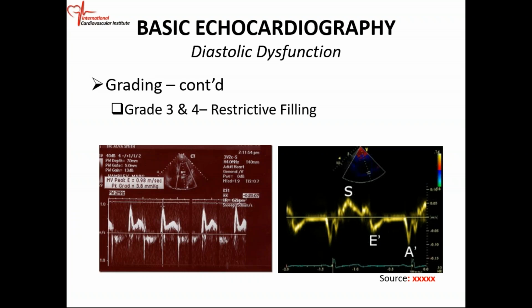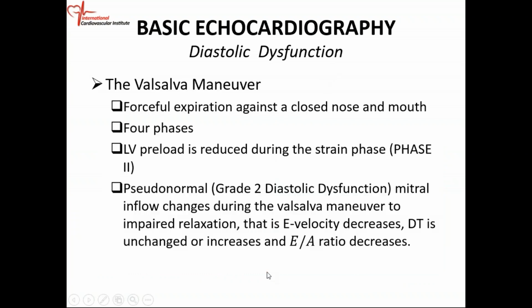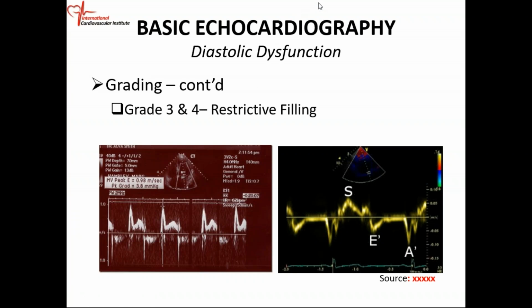That's going to be greater than 15. Left atrial volume is going to be increased, so that's going to be greater than 34 mLs per meter squared. Your TR velocity, which tells you about the pulmonary pressures, is going to be greater than 2.8 meters per second. So this is the grading system for your diastolic dysfunction.